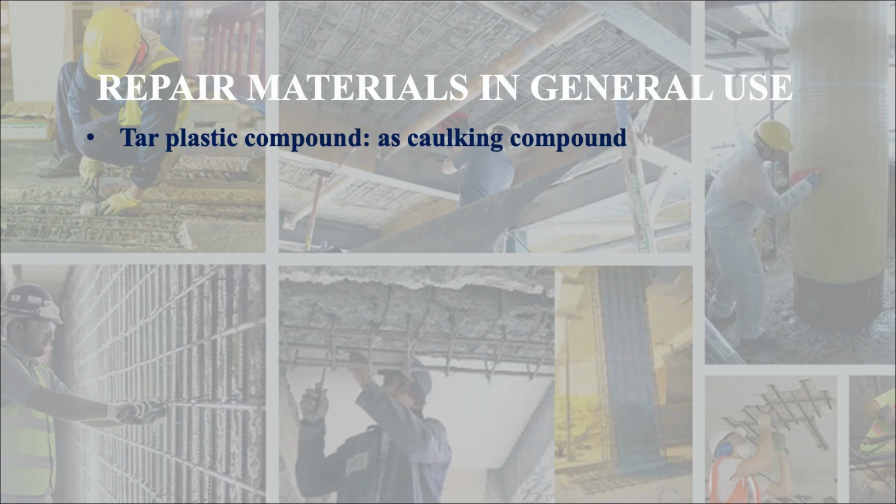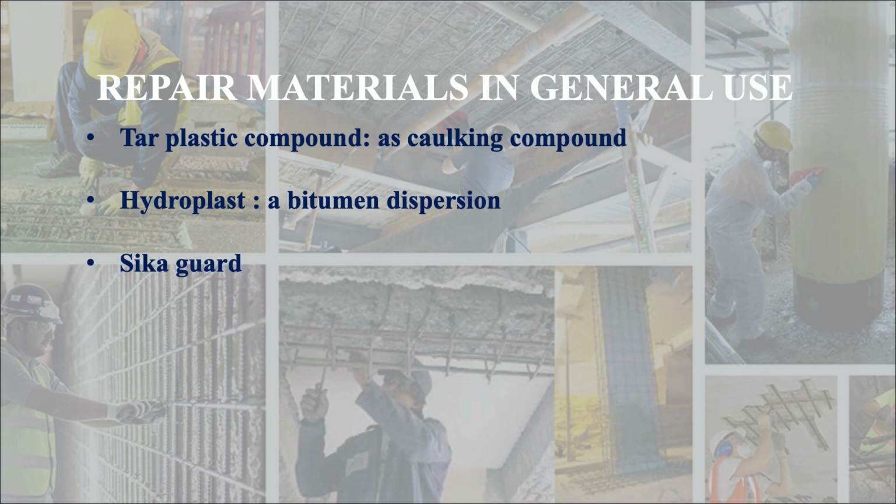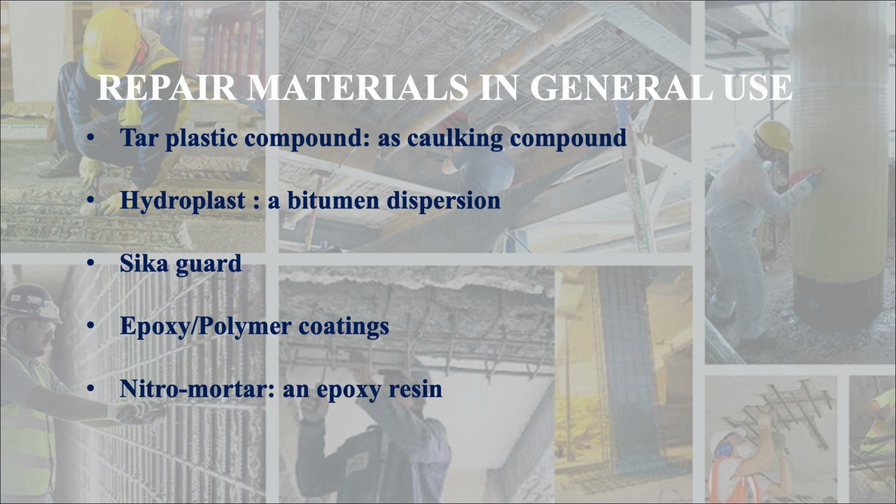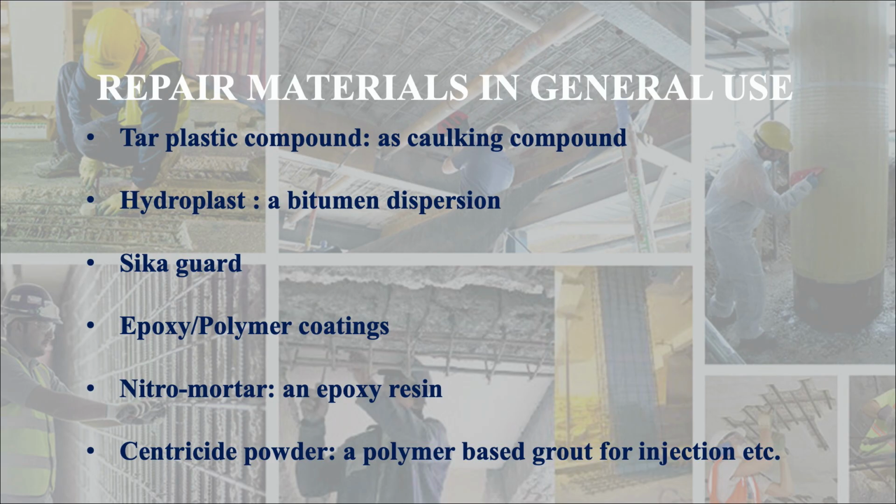Then let us see what are the repair materials that are generally used. The repair materials that are generally used are tar plastic compounds as caulking compound, hydroplast, a bitumen dispersion, then Sika Guard, you can say, a brand name, epoxy or polymer coatings, nitro mortar and epoxy resin, then centricide powder.